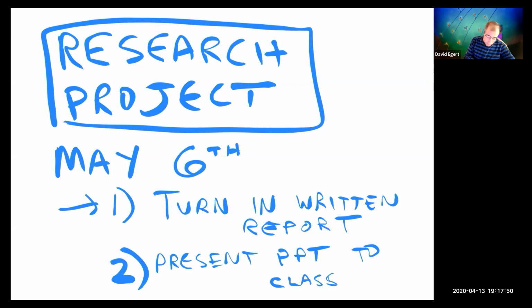It's going to be a PowerPoint that you will present to the class, and we will have people taking turns presenting. The PowerPoints will be pretty quick. So both your PowerPoint and your written report should be ready to go by May 6th.